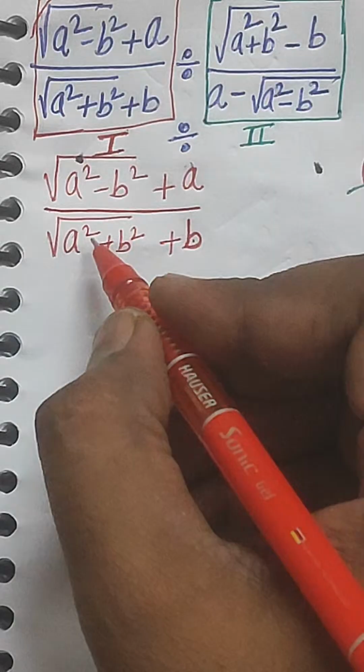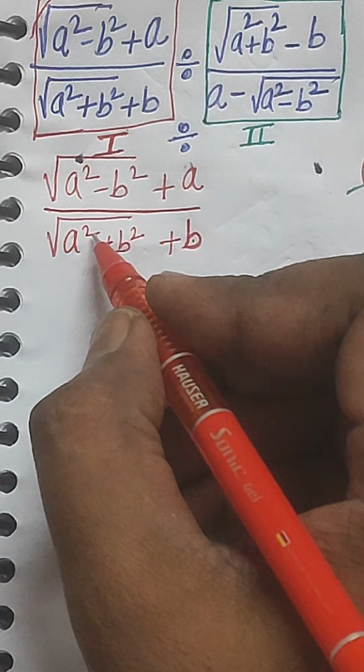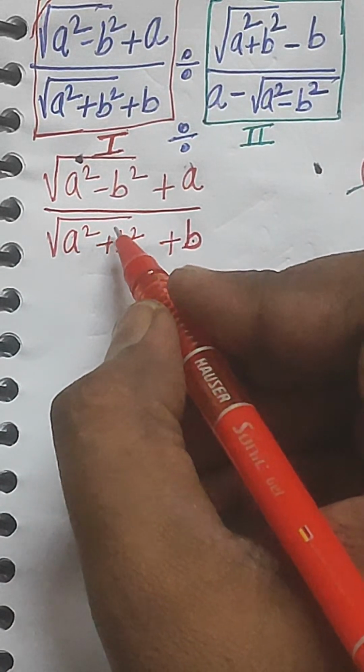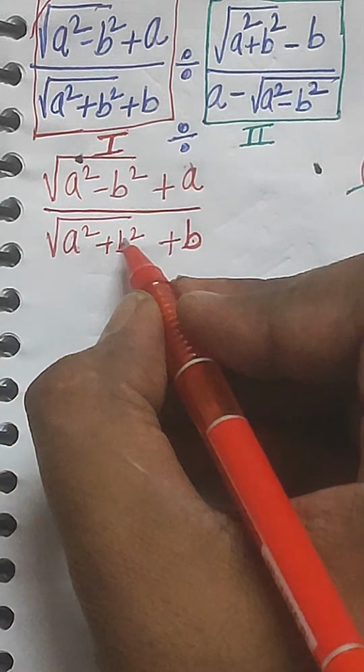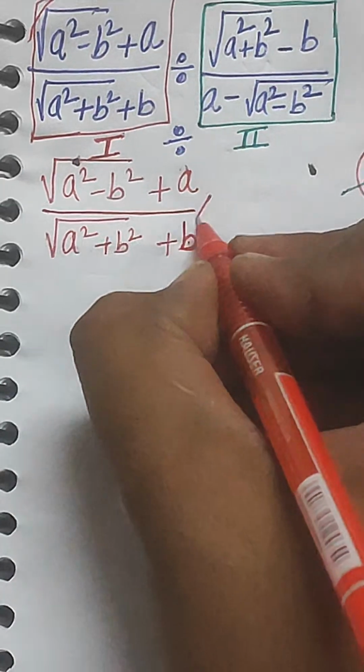In simplification, this needs to be taken care of: whenever you are simplifying some expression, then if there is a root, you need to remove that root, you need to rationalize it, right?